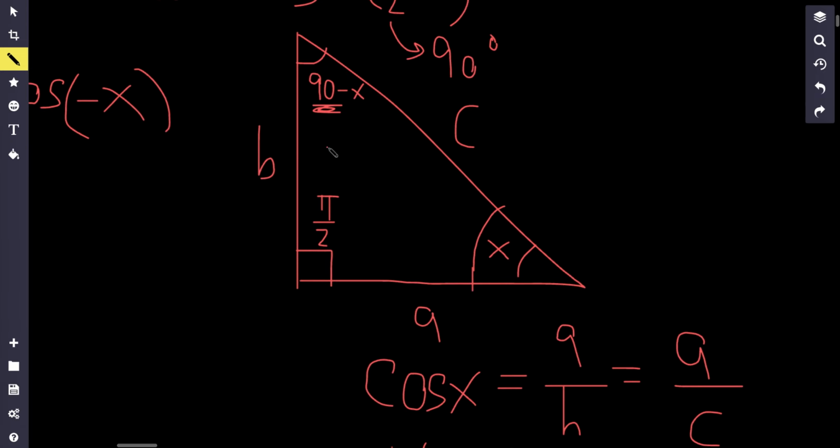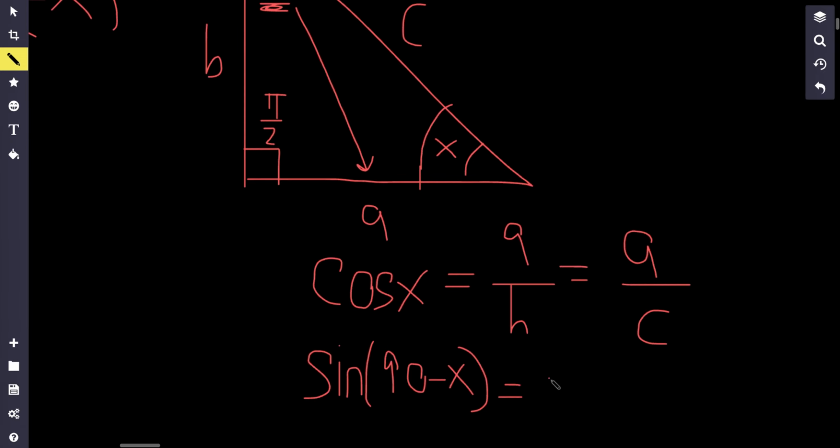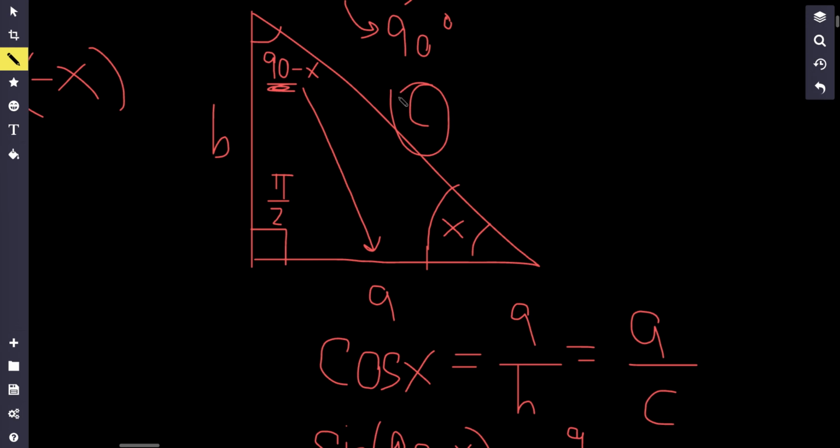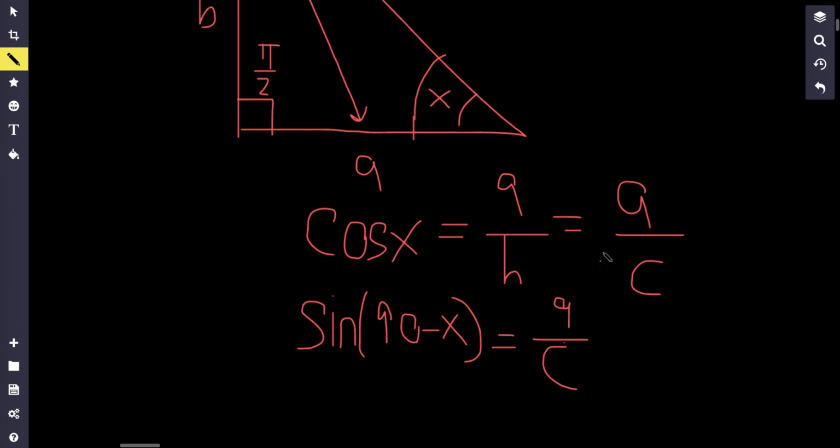Well, it's going to be the opposite side, so A over the hypotenuse, which is C. Notice how our values are equal, meaning that these two things have to be equal to each other.